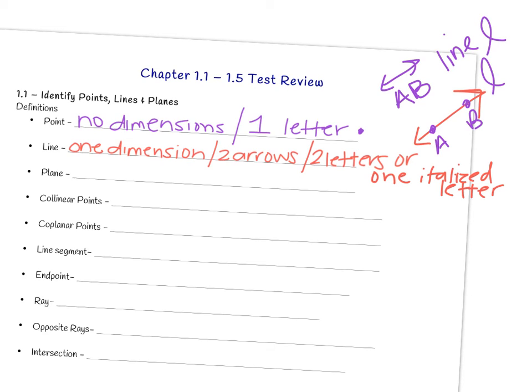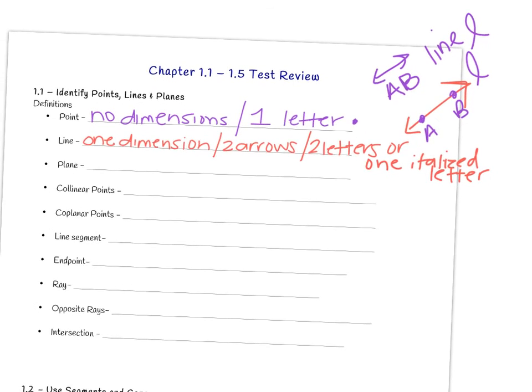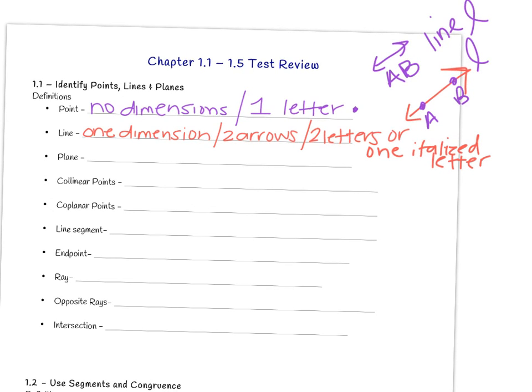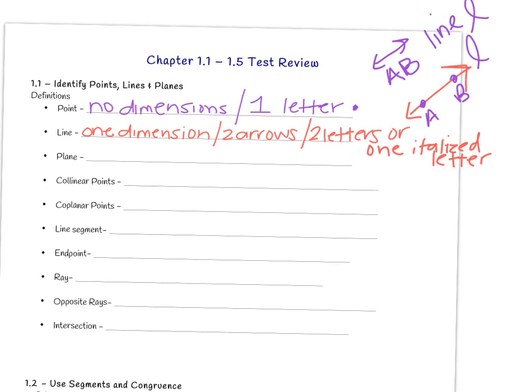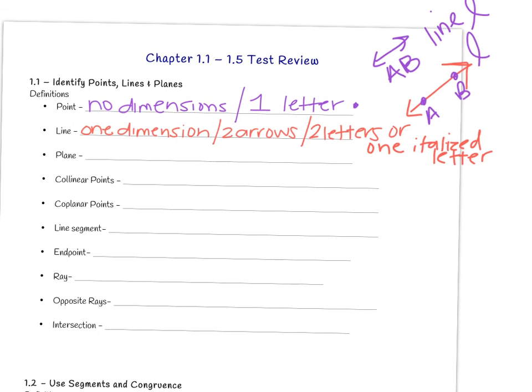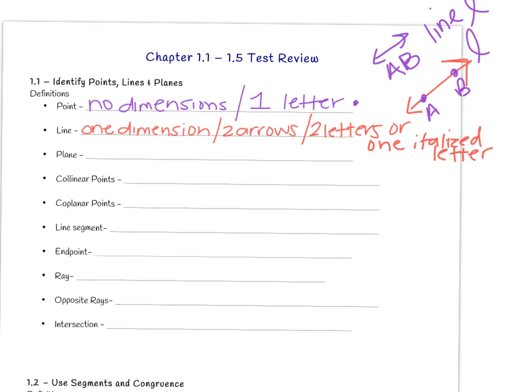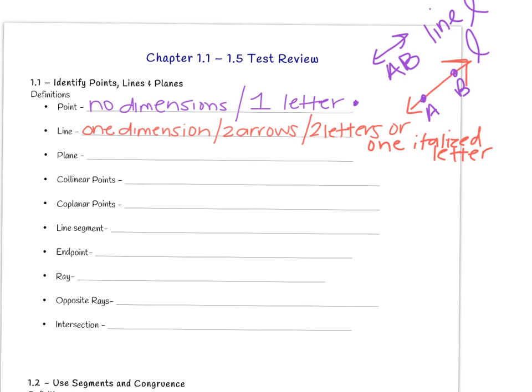So this would be called line AB or line BA, the order doesn't matter, or line L. I think italicized is spelled wrong, isn't it? It's a constant reminder I teach math and not English. So can you measure a point? No. Can you measure a line? No. Can you find the middle of a line? Okay. Can't measure it, doesn't end, right?